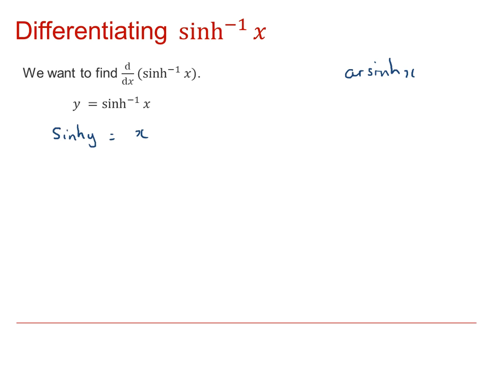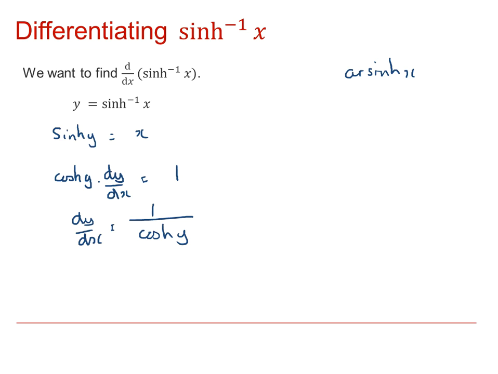So the derivative of sinh is cosh, so on the left hand side this becomes cosh y, but we must multiply that by the derivative of y, dy by dx, and on the right hand side we get the derivative of x, which is 1, and therefore dy by dx is equal to 1 over cosh y.